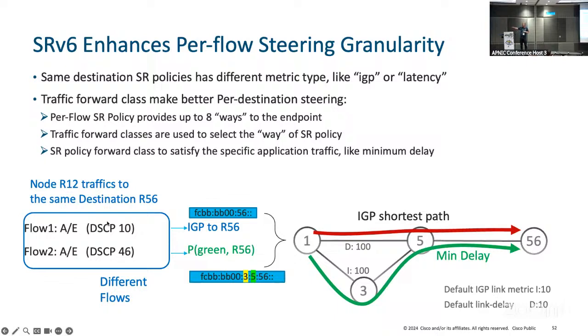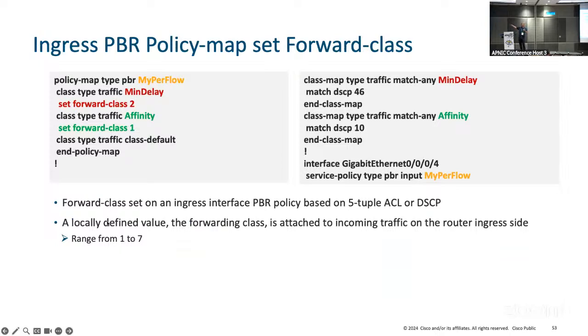For example, just as an example, if I mark my traffic as forwarding class 1, it will follow the shortest IGP. And if I mark it as forwarding class 2, I'm going to use the bottom path, low latency, right? So here is the policy map, and on the right side is the class map. The class map tries to match the DSCP and make a marking.